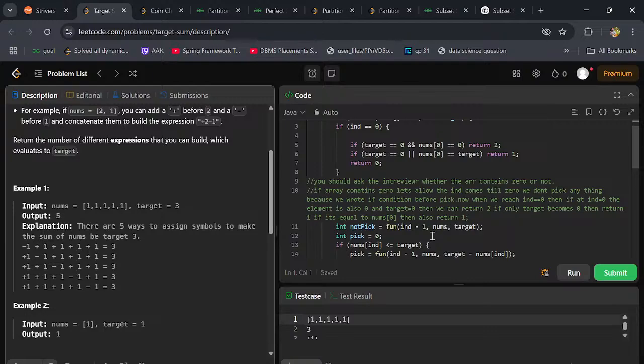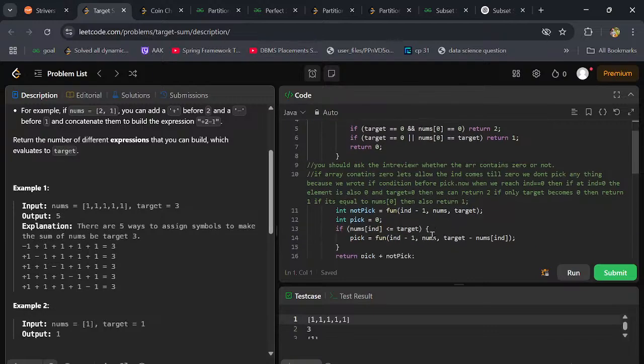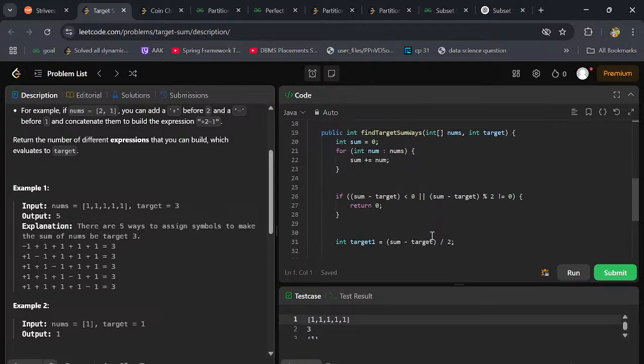You are writing the condition to not pick, right? But I'm sorry, I forgot this. How can this become plus? It's sum plus target by 2. Sum plus target by 2 is the target one. I hope that's the thing. Both have to be the same, right?